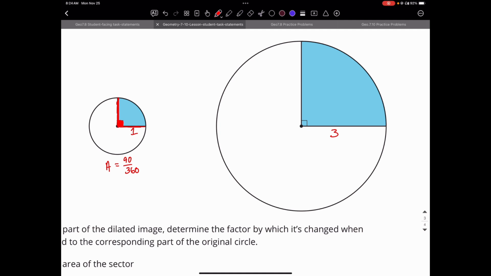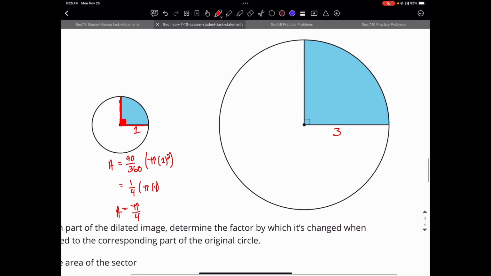It's going to be 90 over 360 times pi times our radius of 1 squared, right? So then that would be 1/4. We did that already. And then 1 squared is just 1, so it'd be pi times 1, which is just going to be pi over 4, right?